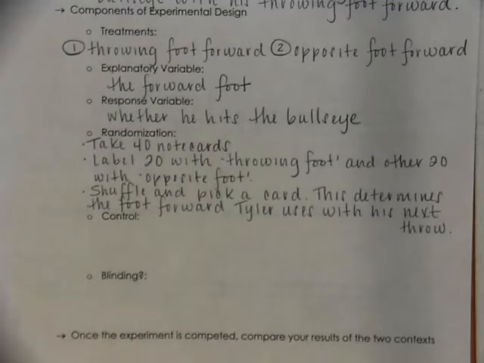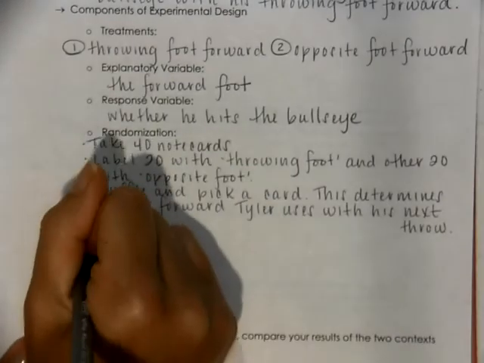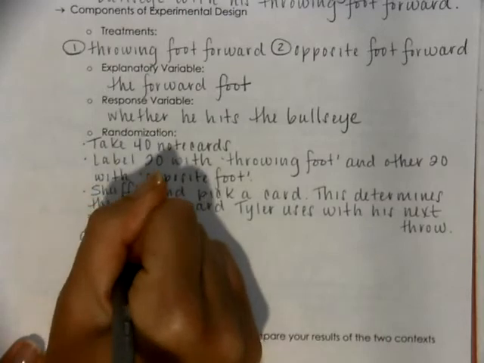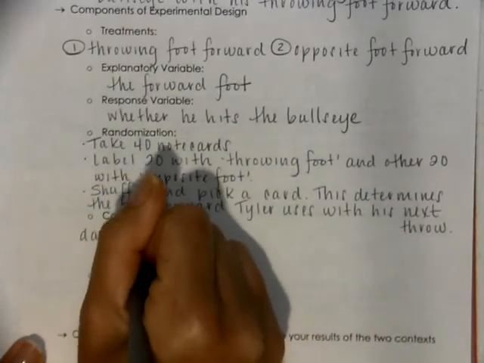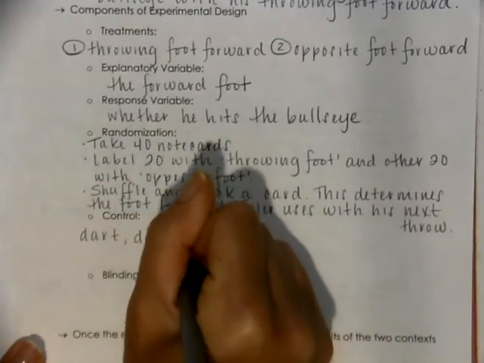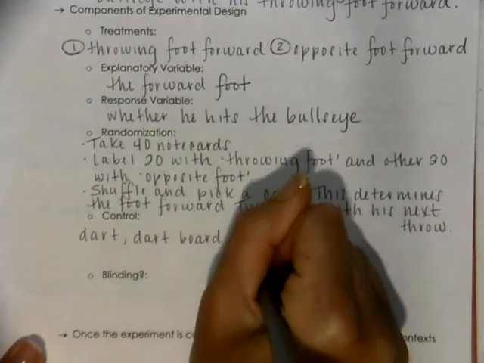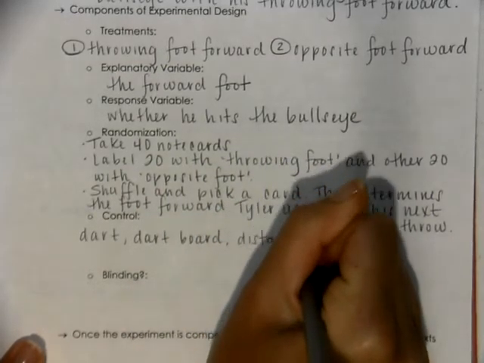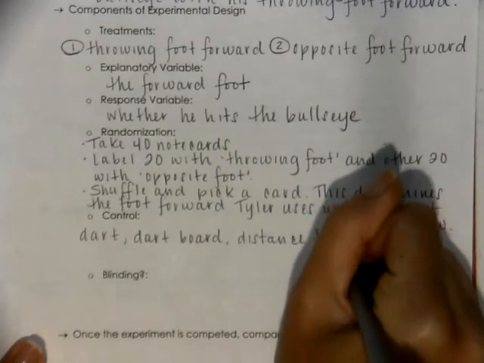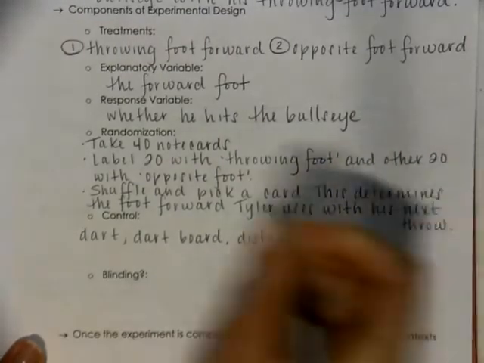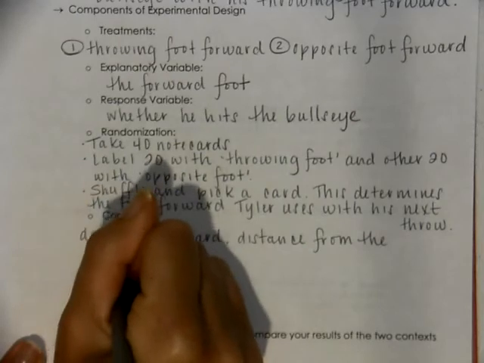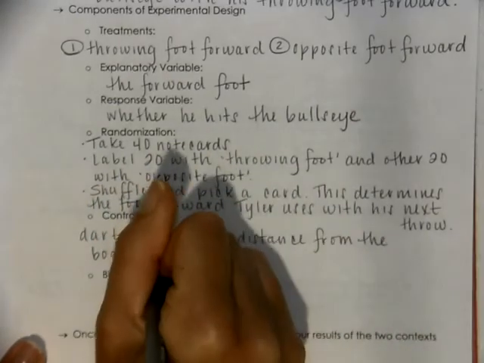Okay, so some ideas I had for control, and yours might vary a little, but I was thinking you should control for the dart, the dartboard, your distance from the board, the technique you're using.